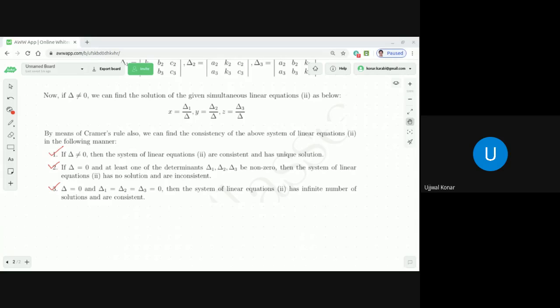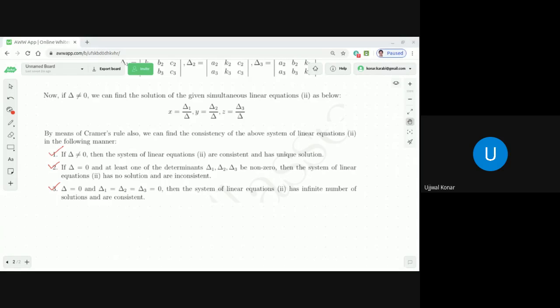That means the number of equations must be equal to the number of unknowns, which may not be required when you are finding the solution using the matrix method. It is possible that the number of unknowns is not equal to the number of equations, and that is the very generic case. I didn't discuss it because the most practical case is that the number of equations and the number of unknowns are the same.